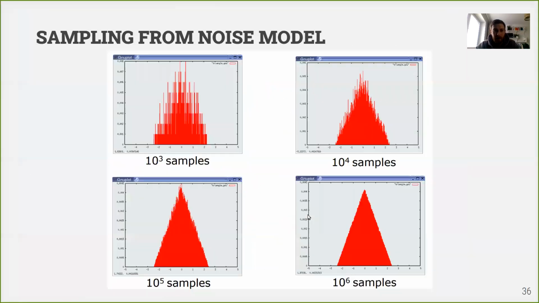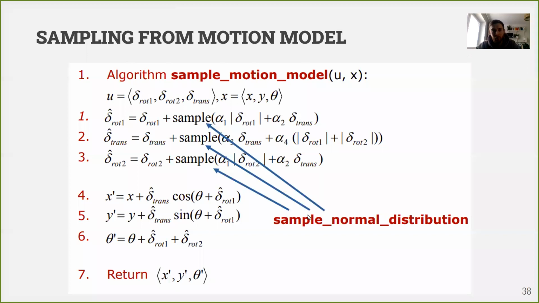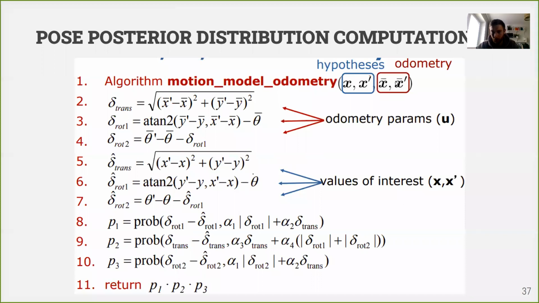So far we discussed these two models, which are both odometry-based models, because here we had our motion parameters given by odometry, and here we also had odometry as an input to our model. So there are sensors which allow us to estimate where we are.